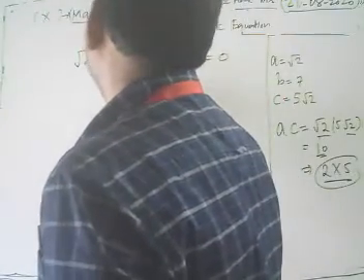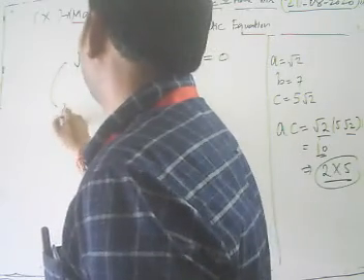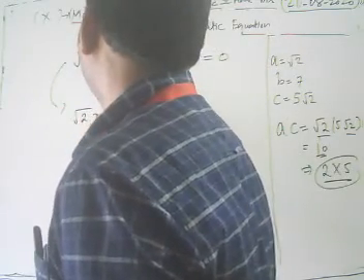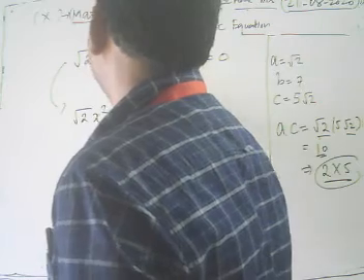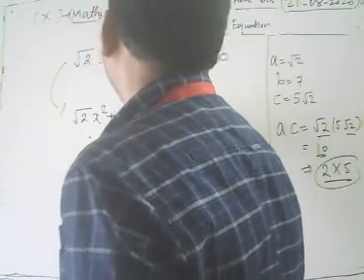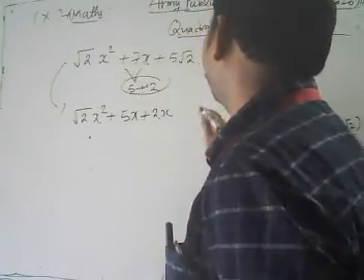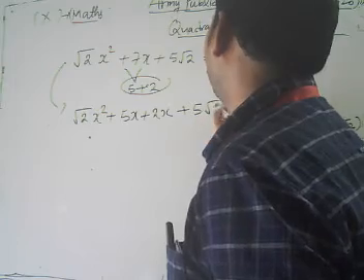Then we split this 7 as 5 plus 2. Then what is our equation? Root 2 x square plus 7x means 5x plus 2x, so we split 7 as 5 plus 2, plus 5 root 2 equal to 0.